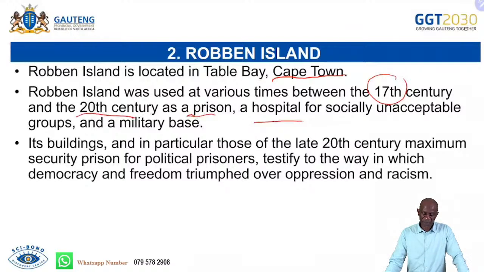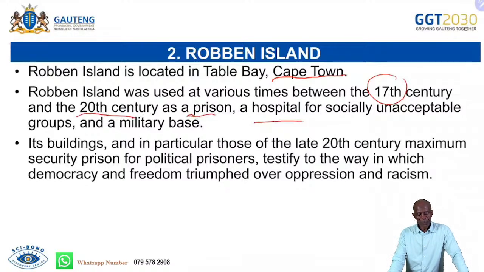So that's a past history, and people from certain groups that were unacceptable were sent there whenever they were ill. That's where it was used as a hospital, and a military base suggests that training activities for the army were held at Robben Island.